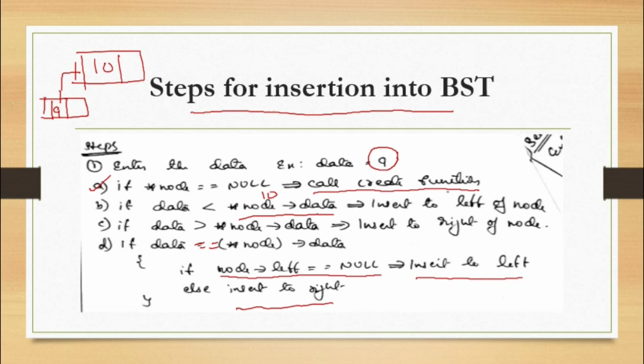For example, you have 10 here and you want to insert 10 again. You check the left and right; say this is null, then you will store the 10 here. If you already have a number here, then you have to store it into the right.